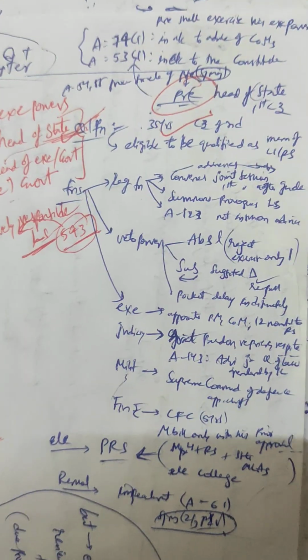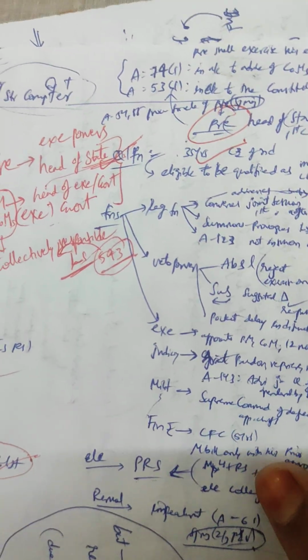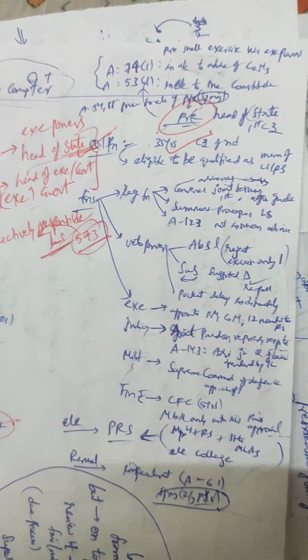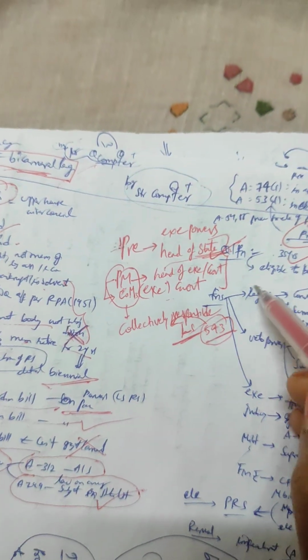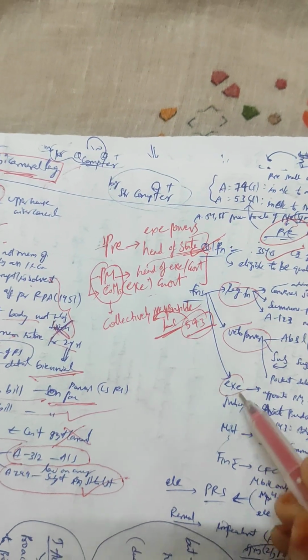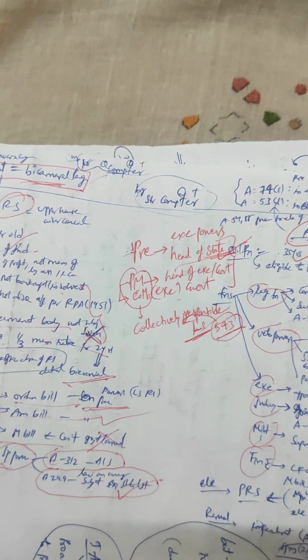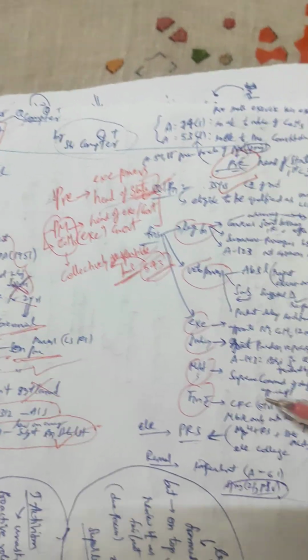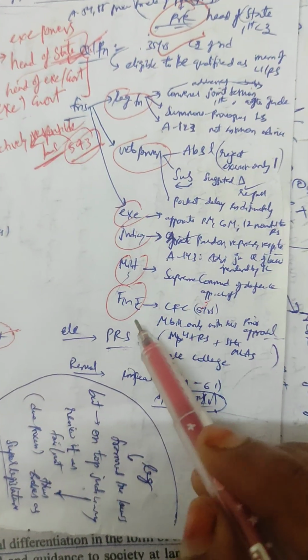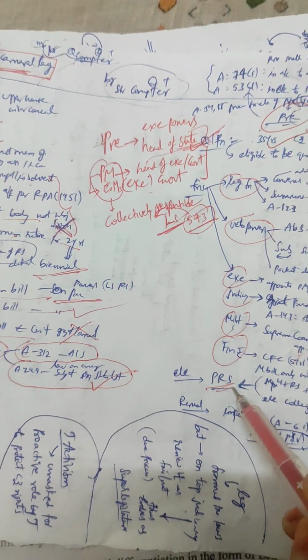So you can mention the presidential powers, his eligibility and functions. You can see here legislative function, veto power, executive, judiciary, military, financial powers. This one I will tell you in some moment. And election is through the proportional representation system.